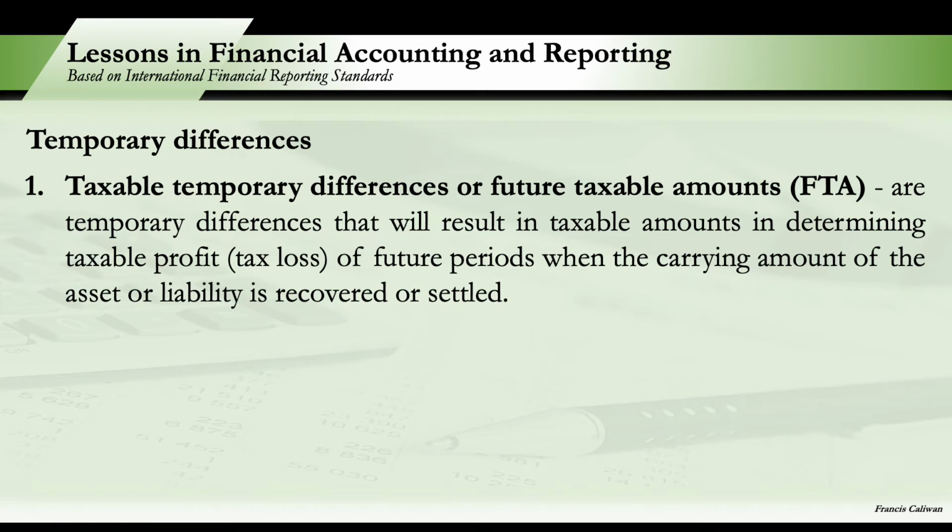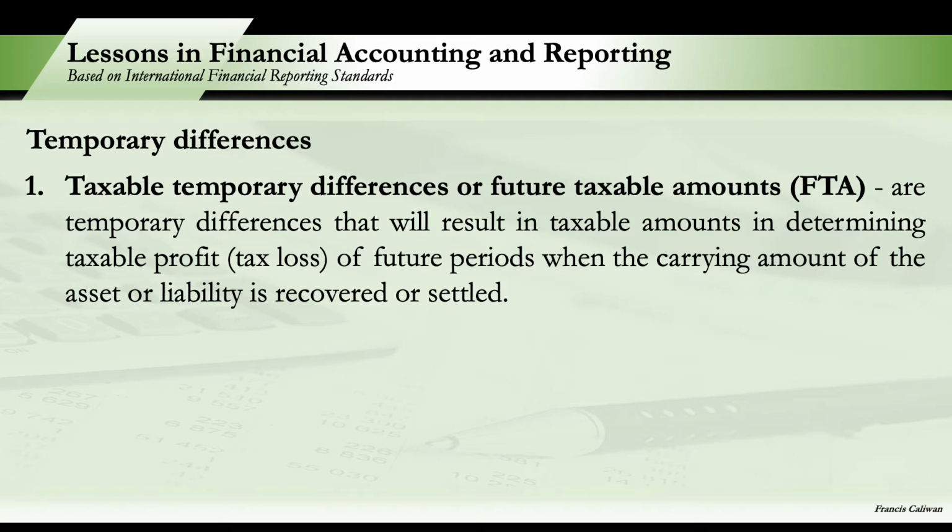And again, from a balance sheet perspective, when the carrying amount or carrying value of an asset exceeds its tax base, or when the carrying value of the liability is less than its tax base, the temporary difference is a taxable temporary difference.